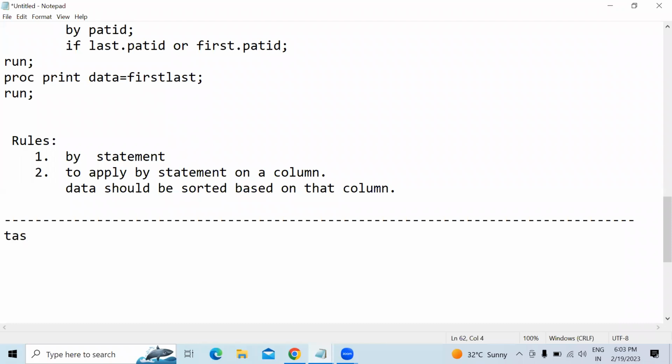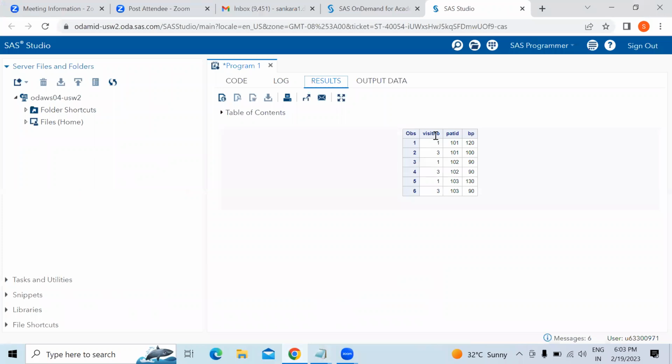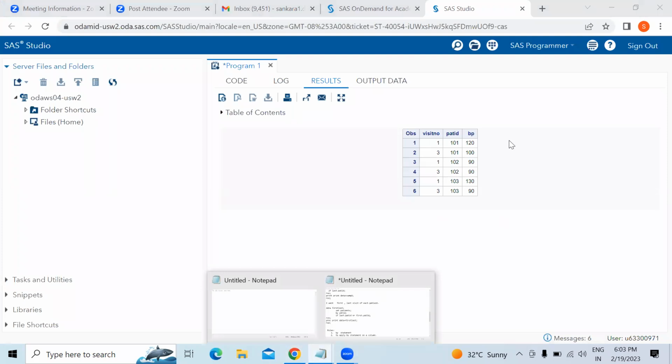Sir, one doubt. Sir, nowhere we have entered visit number, but why is SAS taking only visit instead of that BP? Visit number, patient ID, BP, the entire row. The row has 3 columns. It has taken all the columns. It did not miss anything. But why does it consider only visit number?